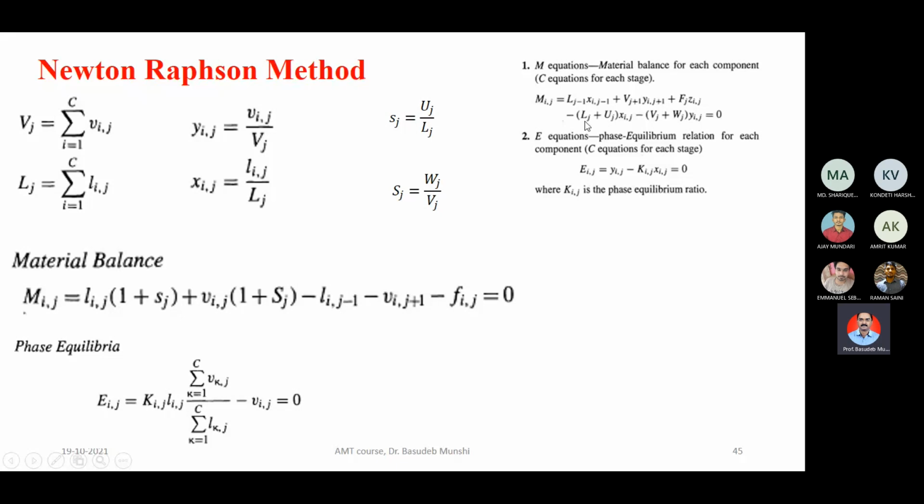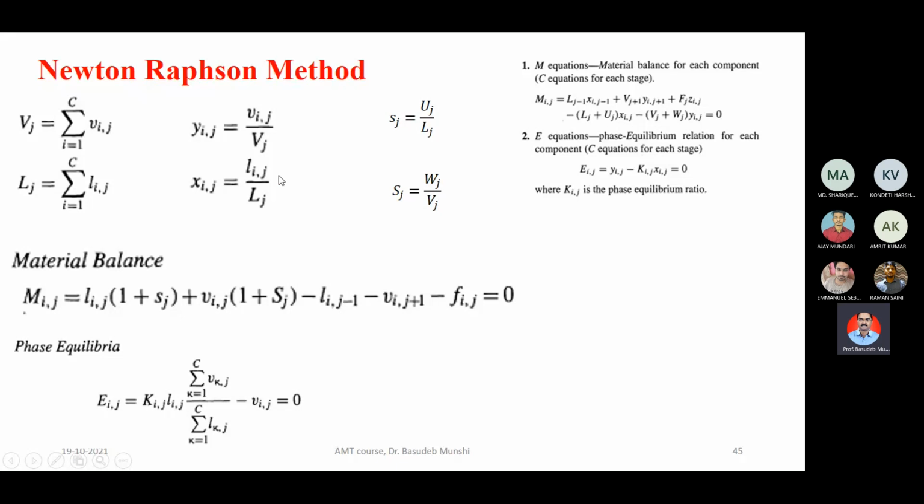Okay, so we want to substitute this Uj by this relation. Uj is equal to small Sj into Lj. So when we substitute that, then you can take Lj common. Doing that, we can write this equal to Lj into 1 plus small Sj into Xij. Now what is Lj into Xij?